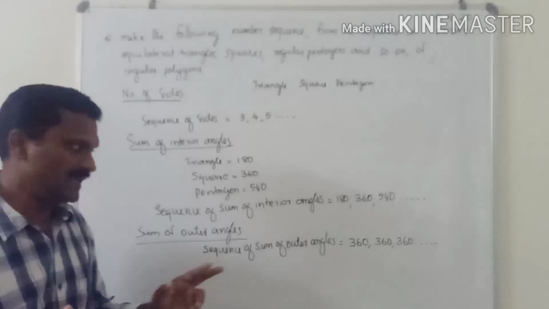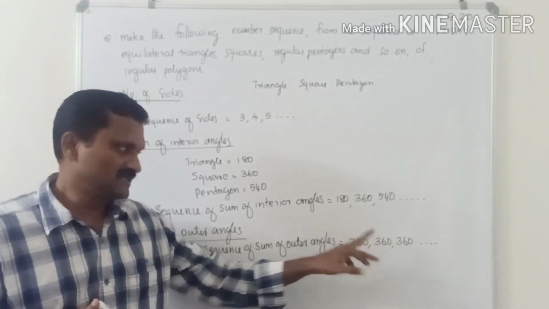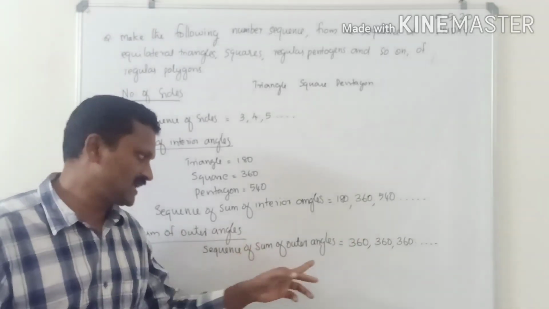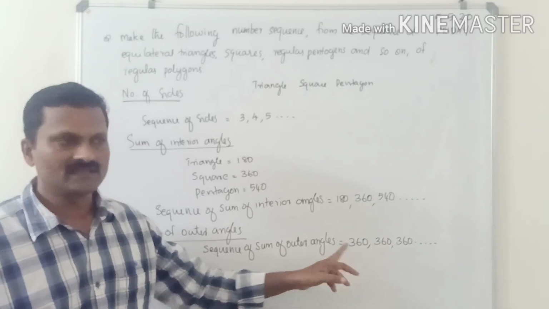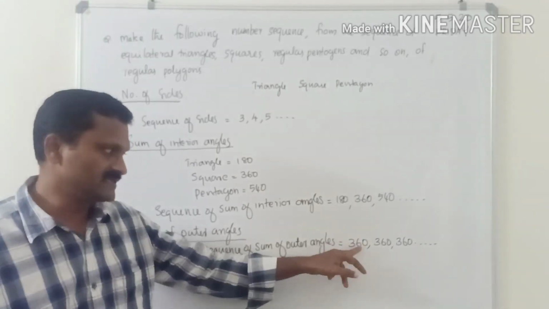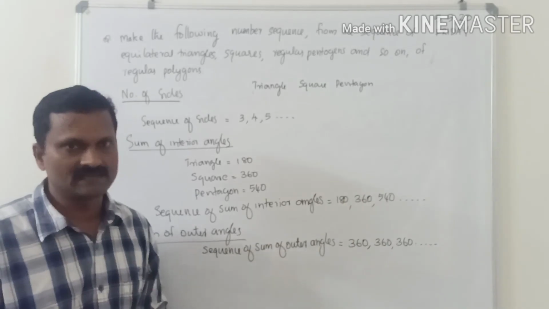That is, in any regular polygon, the sum of exterior or outer angles is 360 degrees. Therefore, the sequence is 360, 360, 360, etc.